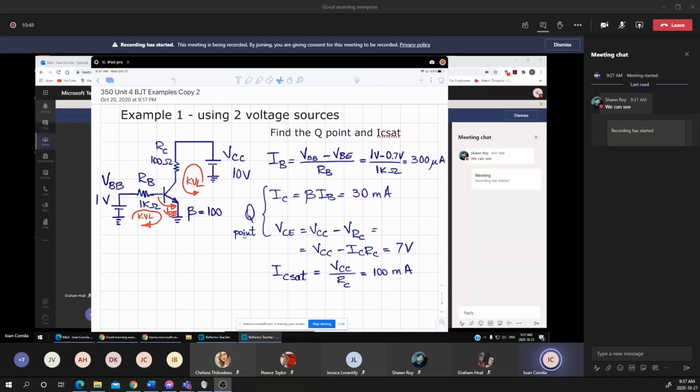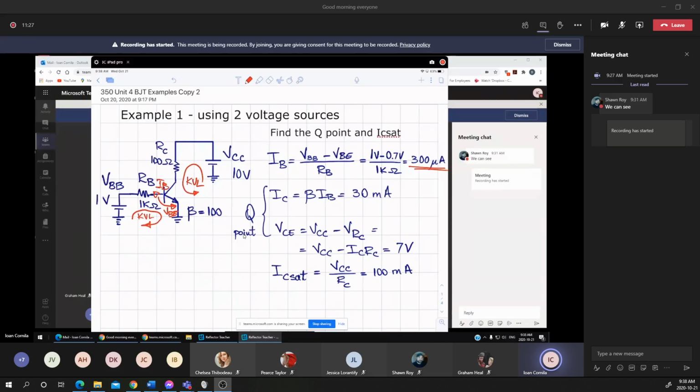The VCC is 10 volts, and to find the IB is the VBB minus VBE divided by the resistance that is connected to the base, which is 1K. That's 1 volt, the voltage source that is connected to the base, minus the 0.7 gives you the 300 microamps, the current that is applied on the base. Means that the current that flows to the base, that's the IB, is 300 microamps.